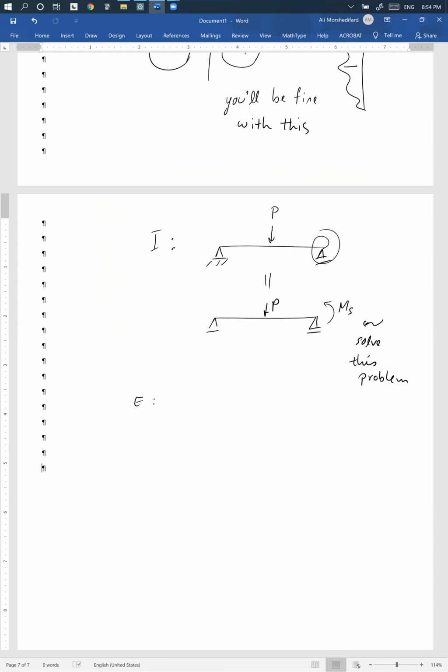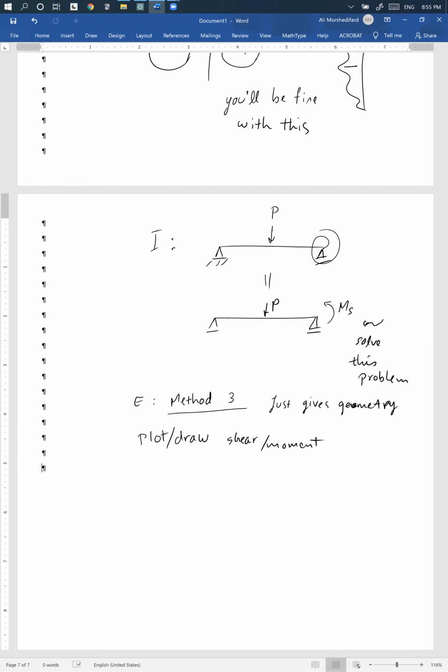I'll do E using method 3, which is the simplest method that I know. That just gives you geometry. If the exam question is asking you to plot or draw shear moment, it means that you don't need to get the actual equations.